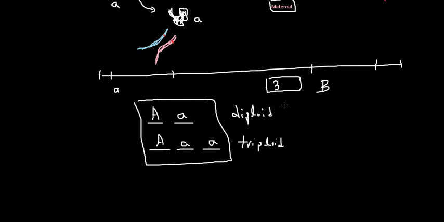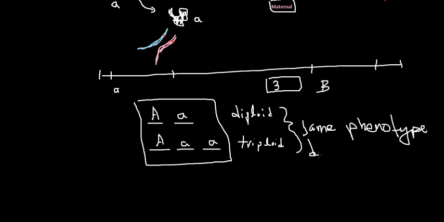One more note on organisms of different ploidies. In diploids and triploids, these are totally different genotypes because you have different numbers of each, but the phenotype might be exactly the same. So same phenotype, but different genotype.